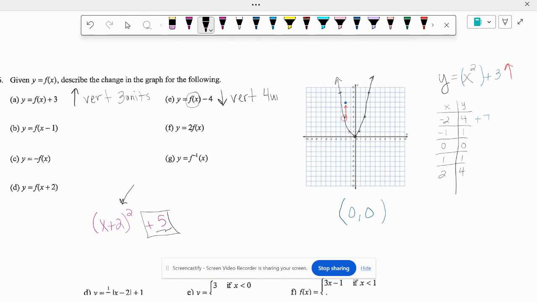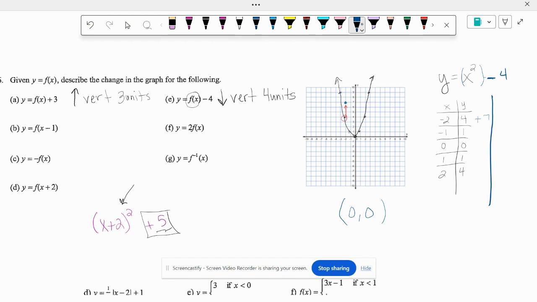4 units. And I want to show you on the graph what that looks like. So if I were to take x squared and put a -4 out here, so x squared minus 4.